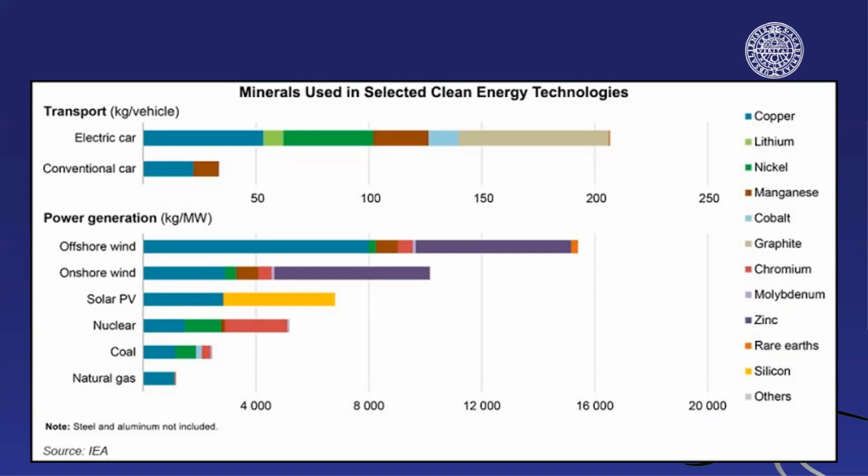A lot of, what is this color? Graphite or? Yeah, I'm a bit colorblind, so that's difficult for me. Anyway, what you have to understand is we need a lot of stuff.